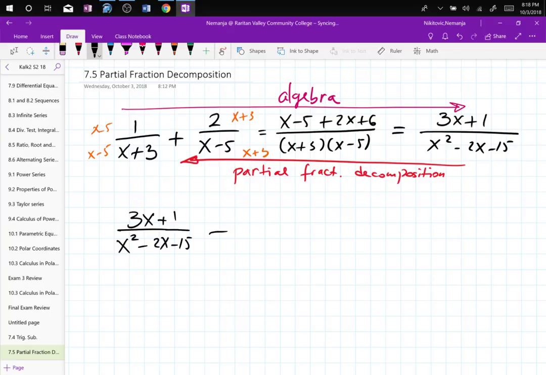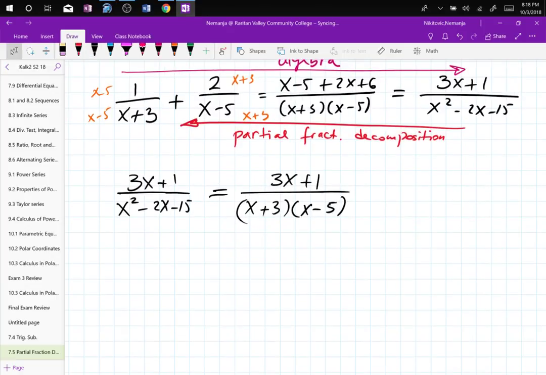Well, you have to factor the denominator because you have to have factors in the denominator that you will break apart. So this becomes 3x plus 1 over x plus 3, x minus 5 when you factor it.